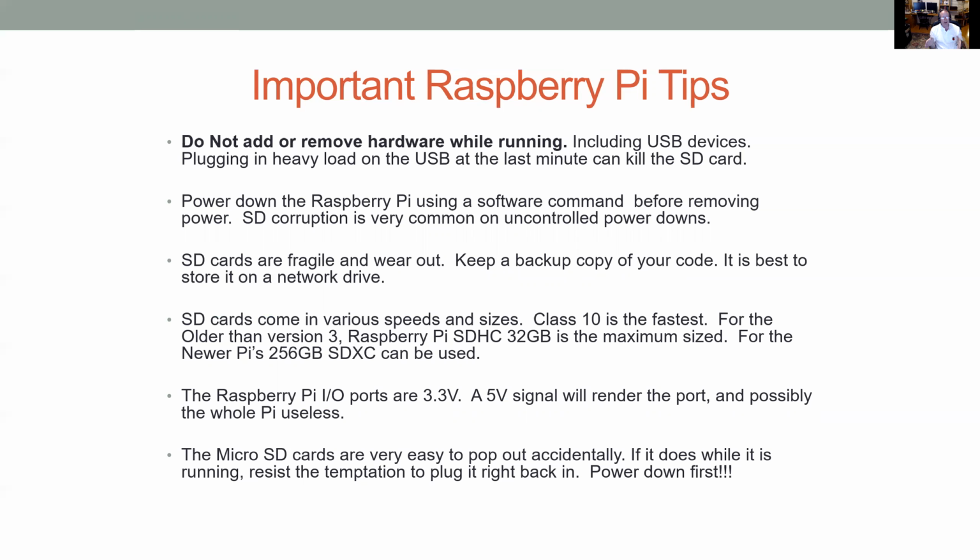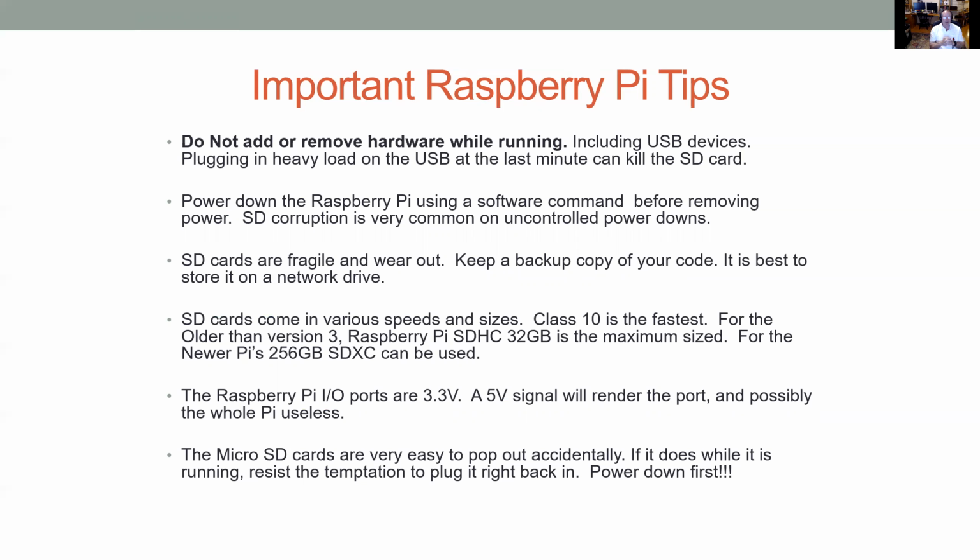For the newer Raspberry Pis, you can use the SDXC, and that's actually fairly new, but now you can use the bigger cards, so you're not as limited on space anymore. So this is a nice new addition that has come out.